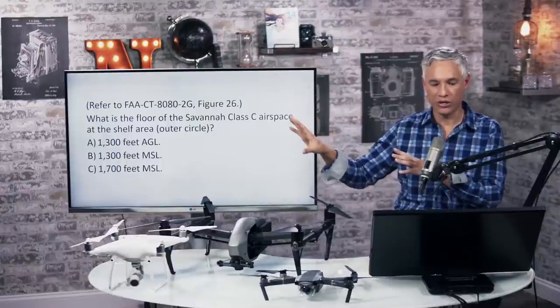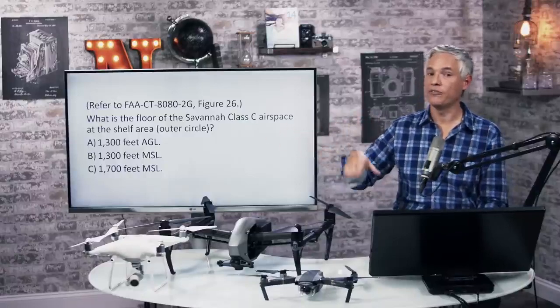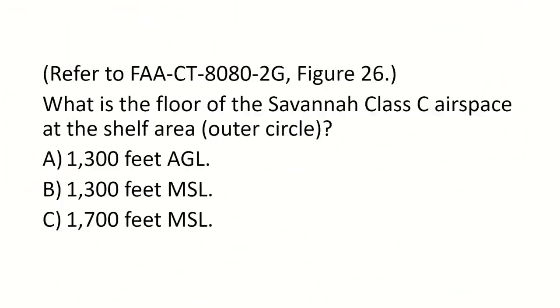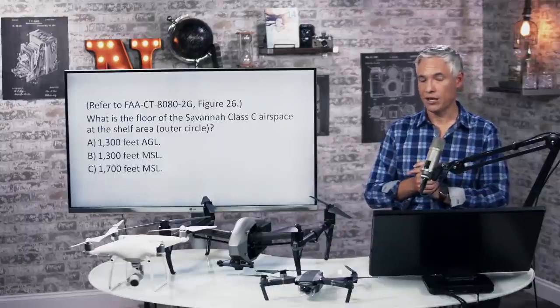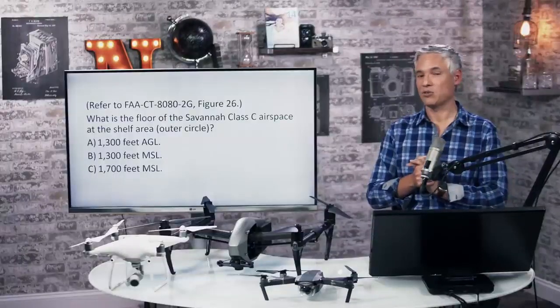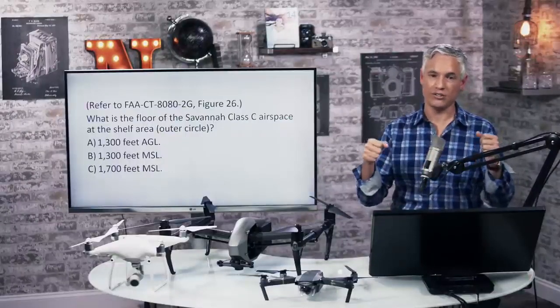It's floating out there. These numbers are always above sea level, which is MSL, not AGL, which is above ground level. If you have a hard time remembering if it's sea level or ground level, well, the legend tells you that, so you can refer back to that. You can also think back to the history of the FAA, because the FAA was founded before like proper computers and electronics and GPS and stuff.